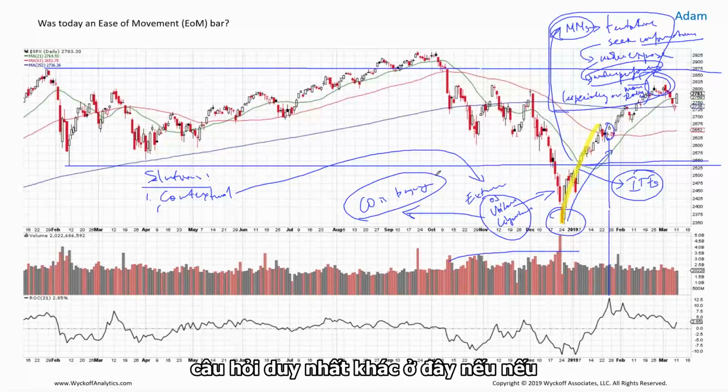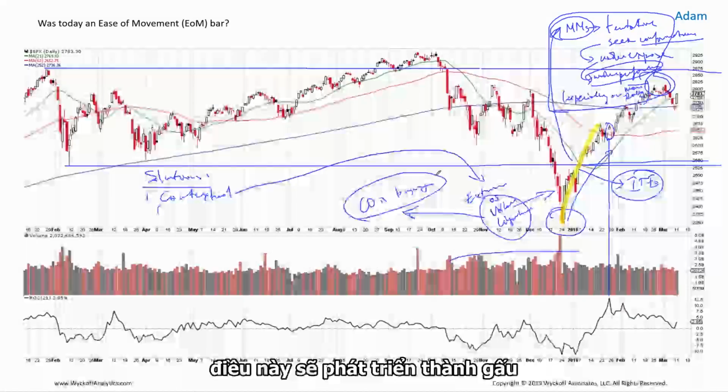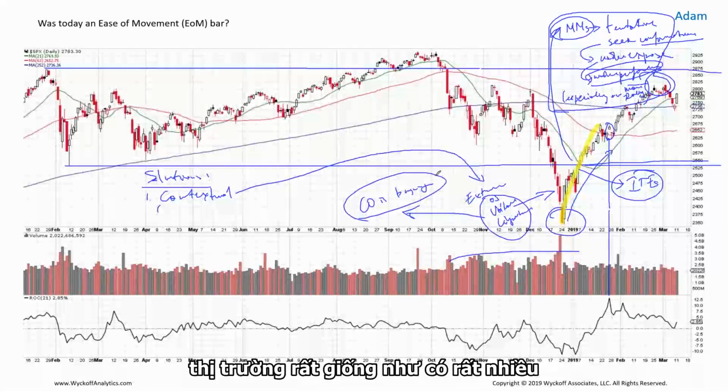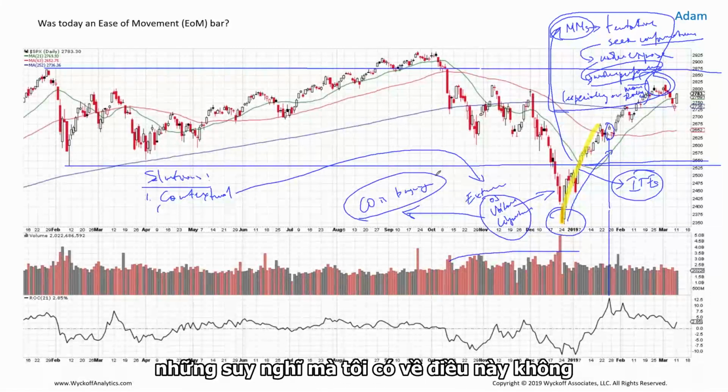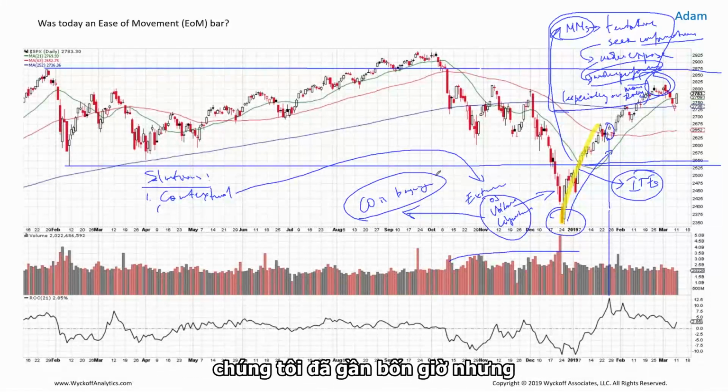The only other question here is if this is going to develop into the bear market. There are so many thoughts that I have on this, and I don't necessarily want to go into this because we're already at 4 o'clock almost. But this is a very interesting puzzle, and maybe I'll discuss more in the practicum.